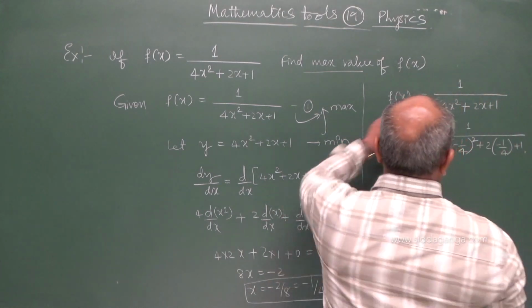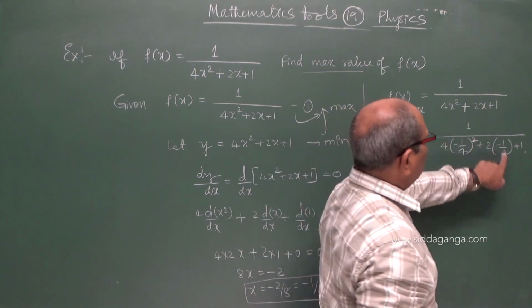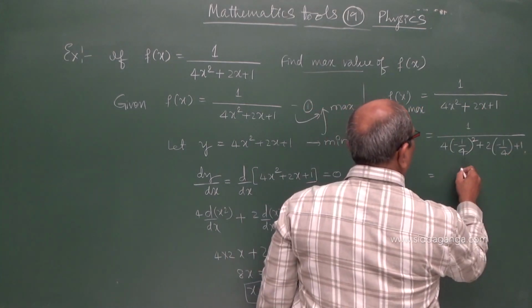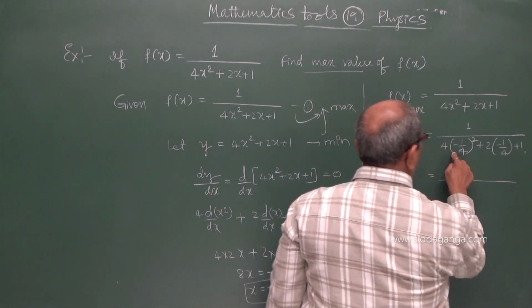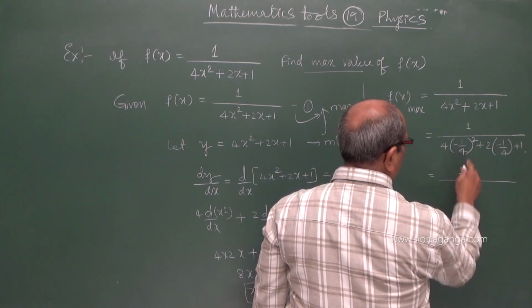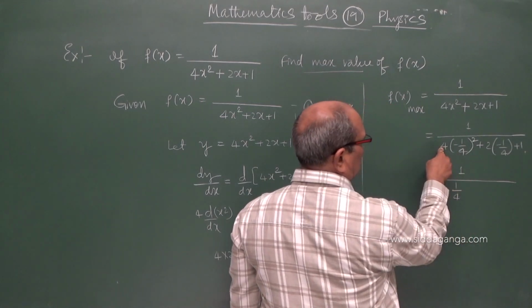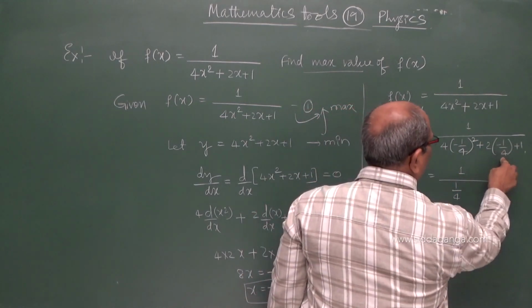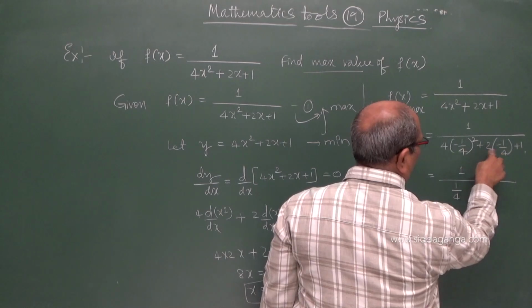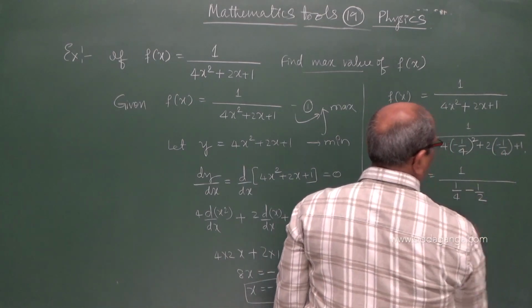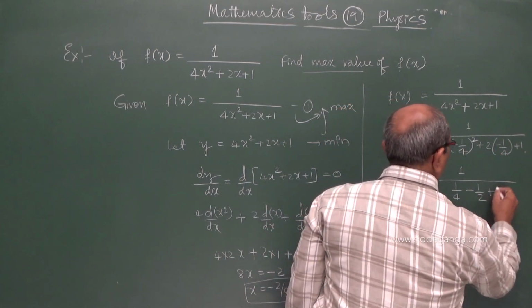Minus of minus becomes plus. 4 by 16 is 1 by 4, and 2 into minus 1 by 4 is minus half. So 1 by 4 minus 1 by 2 plus 1.